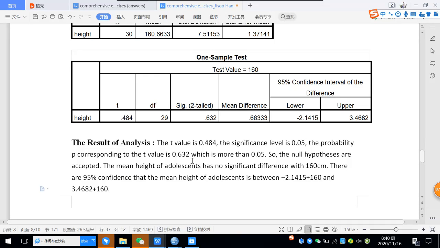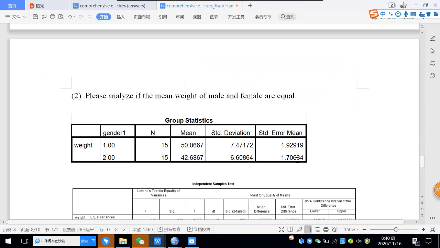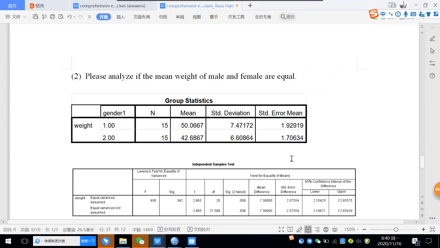Good. Let's look at question 2. Question 2 is to analyze if the mean weight of male and female are equal. Here also, the variable weight can be considered as normally distributed.